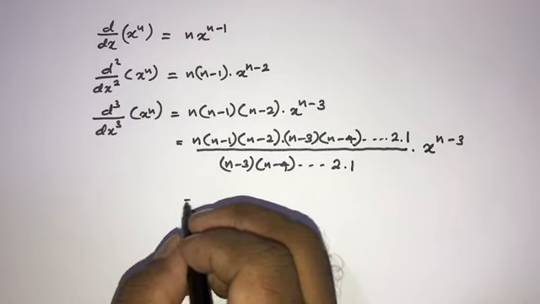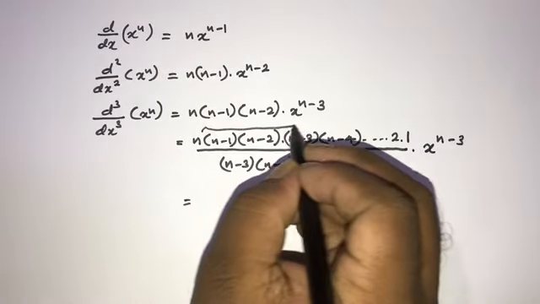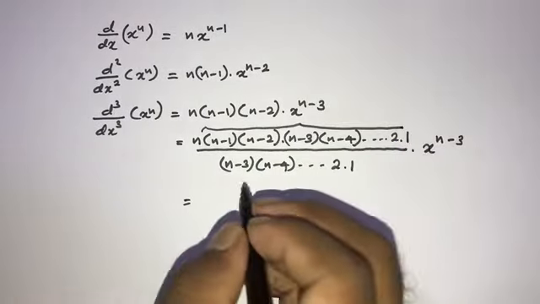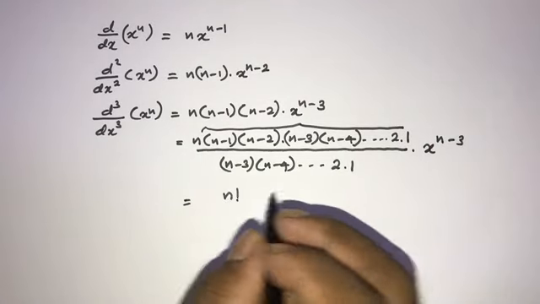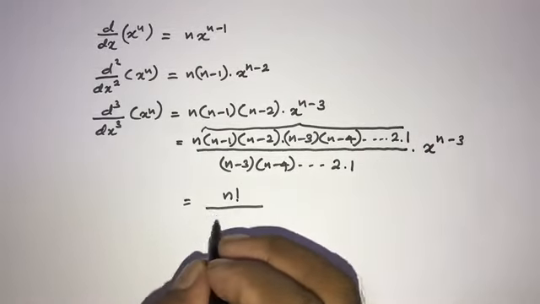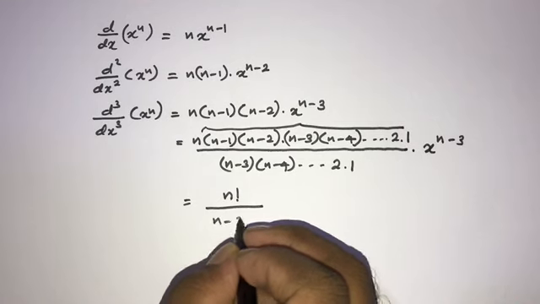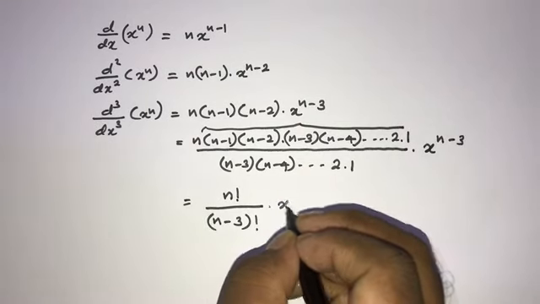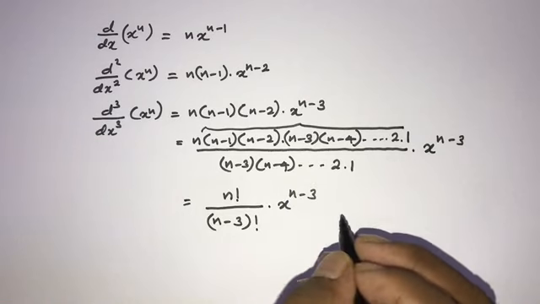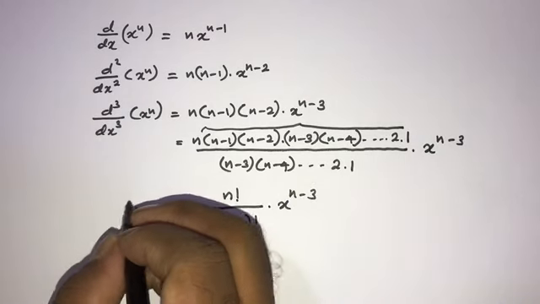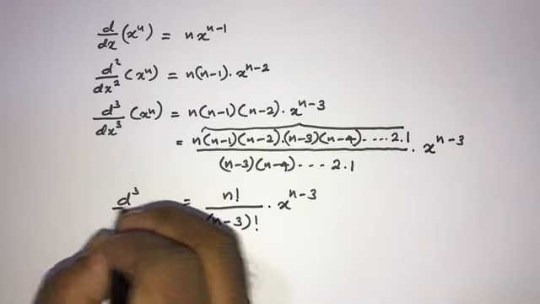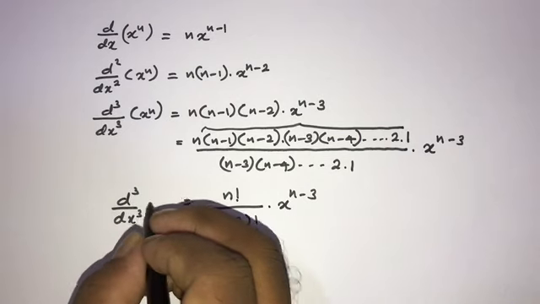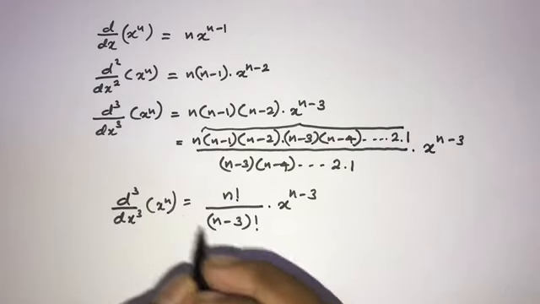Now we know this is equal to n factorial over (n minus 3) factorial times x to the n minus 3. This is the third derivative of x to the n power.